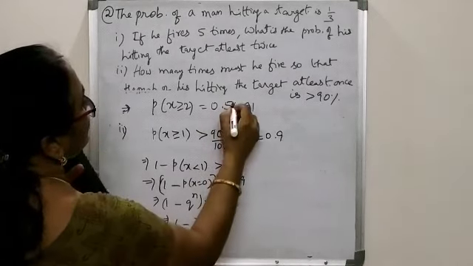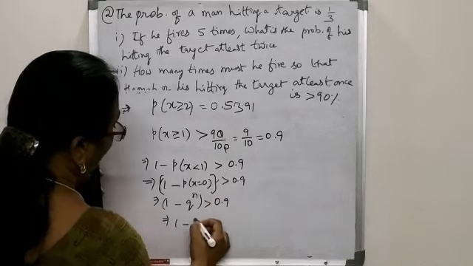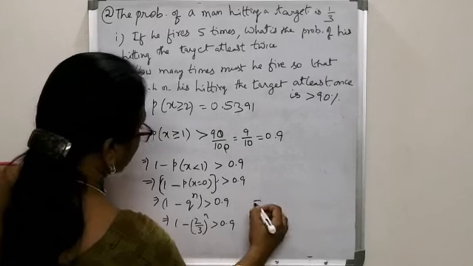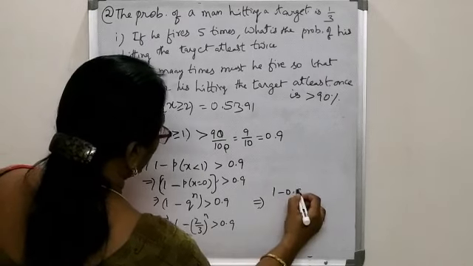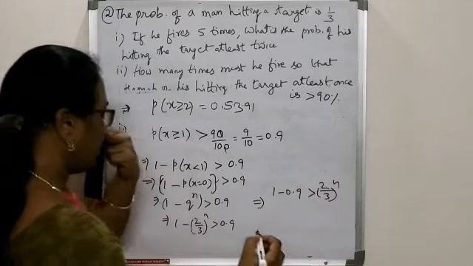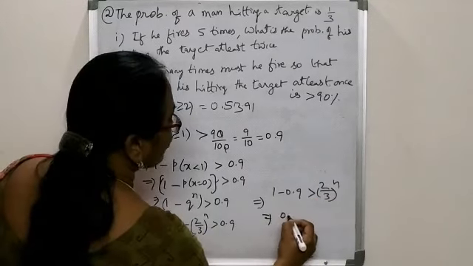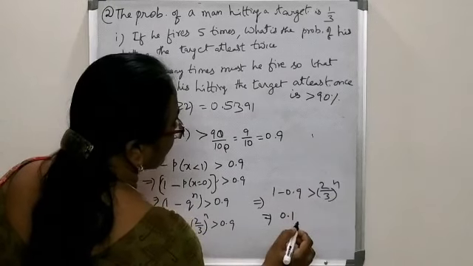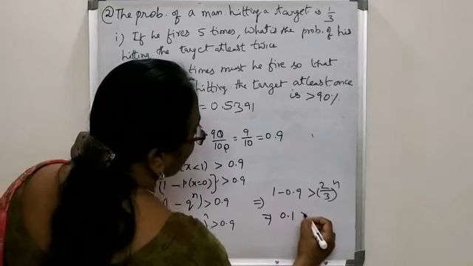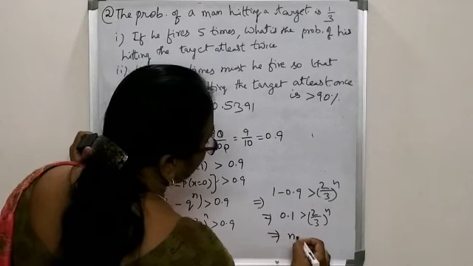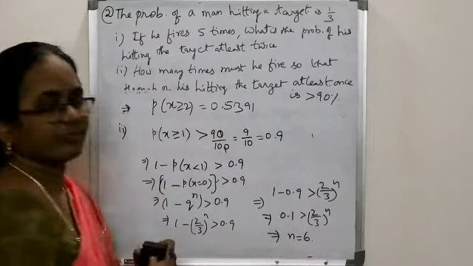It is (2/3)^n greater than 0.9. On simplification we get 1 minus 0.9 is greater than (2/3)^n. And this is 0.1, greater than (2/3)^n. We get the value as a result n equal to 6.